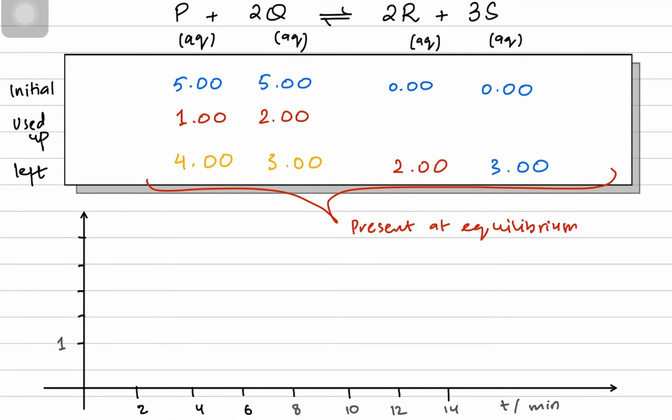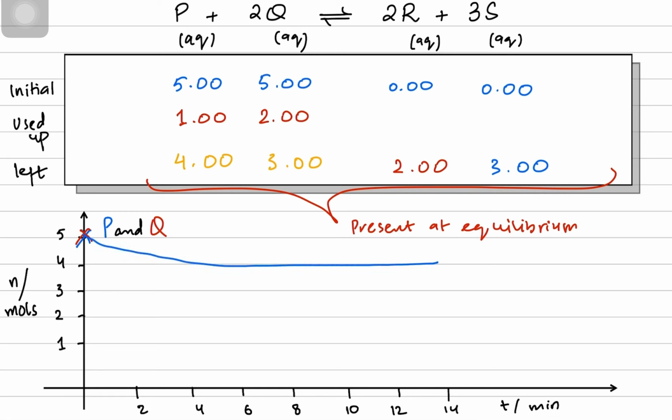If we plot a graph of the amounts over time, on the y-axis we put the moles of P and Q, which were both 5 moles in the beginning at time 0. I'm using a blue line for P and a red line for Q. The amount of P drops from 5 to 4 and the amount of Q drops from 5 to 3.